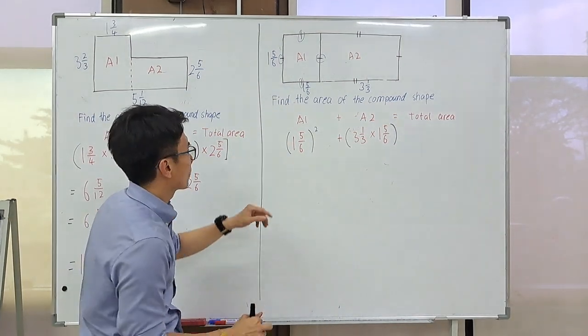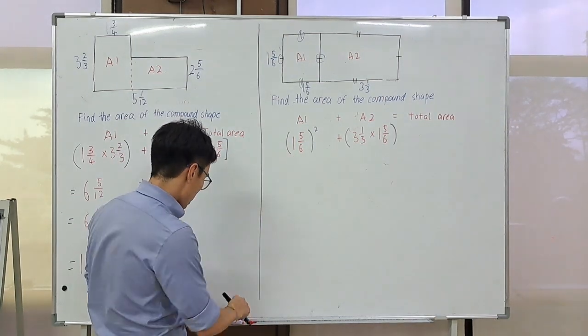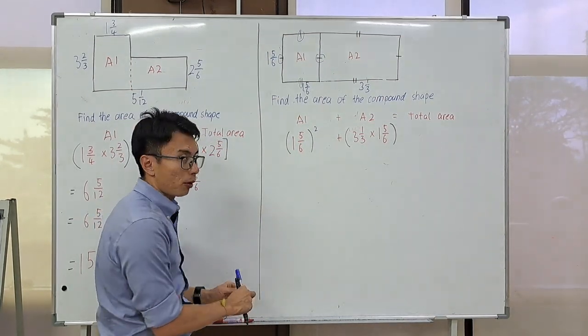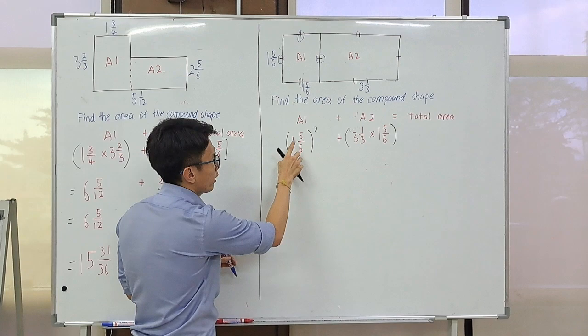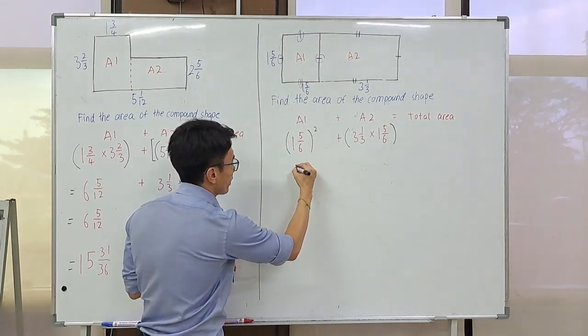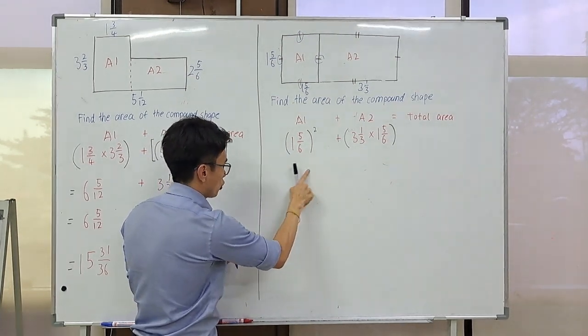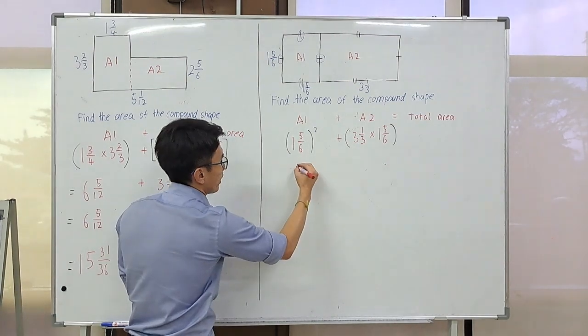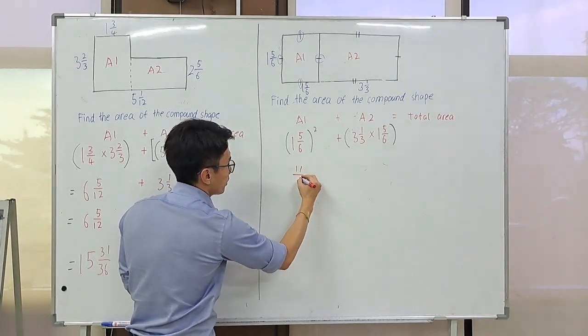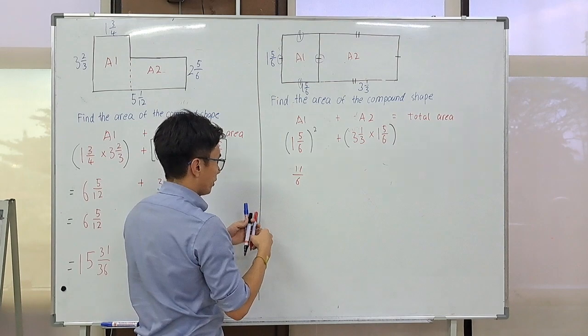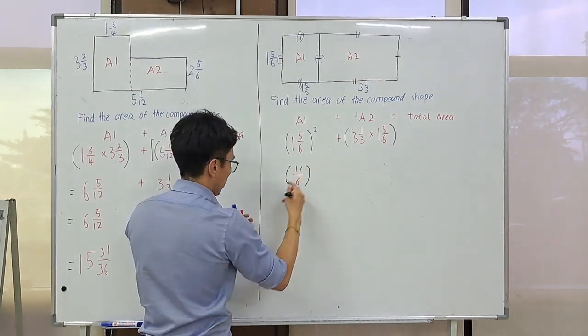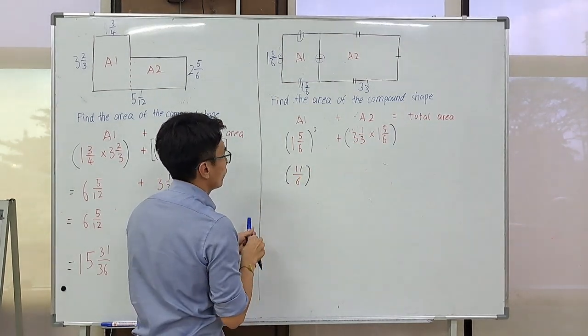So if we change this into an improper fraction, 6 times 1 plus 5, I will get 11. So I will get 11/6, and then I have my bracket, and that will be power of 2.